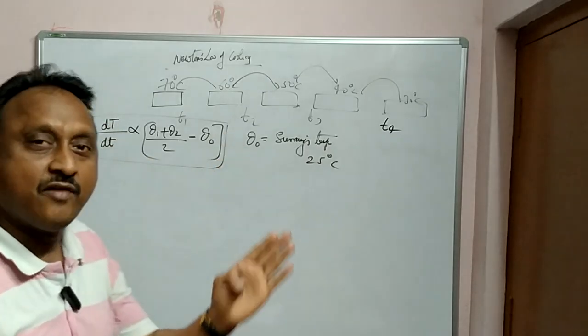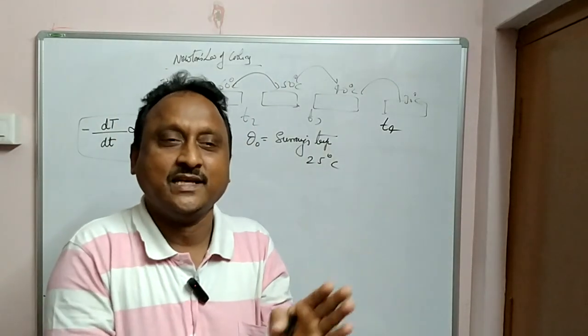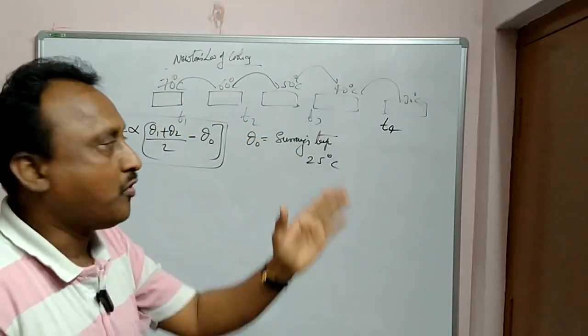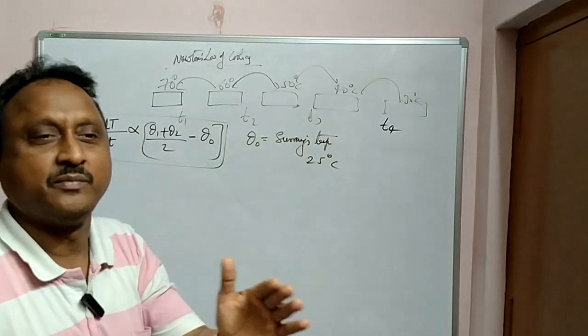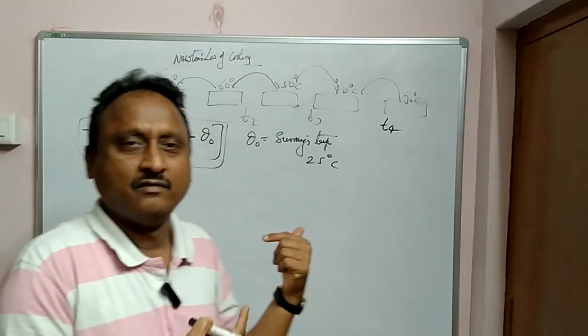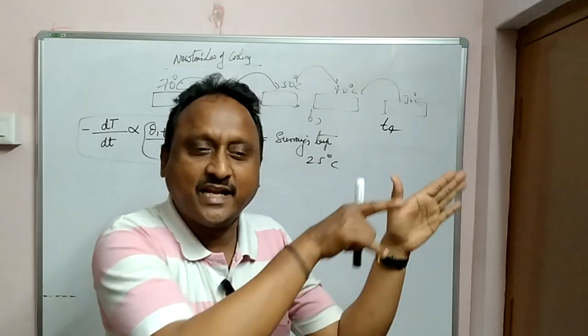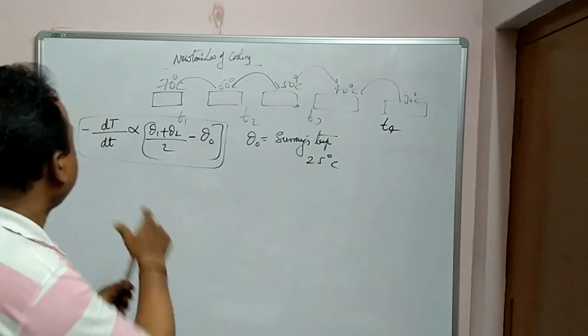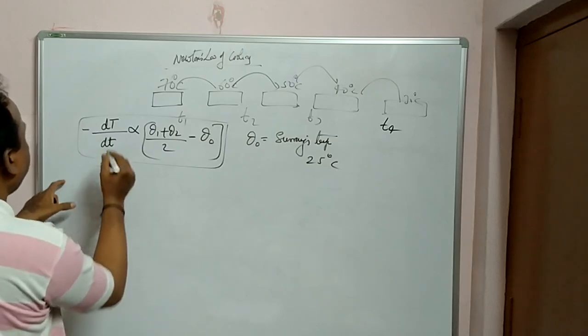The rate of cooling means it cools fast. The more the temperature, the faster it cools. That is why I am using the negative sign. Why am I using the negative sign? Because in rate of cooling, temperature is falling, high to low. But I will take the magnitude, removing that negative.